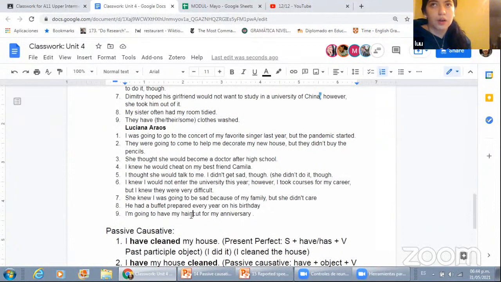So yes, now it is a passive causative, right? Because in this case, he is not preparing the buffet. Someone else is doing it for him, right? But that's great. Remember, make, made, and then prepare, or you can say organized. But in this case, prepared is going to work very well.